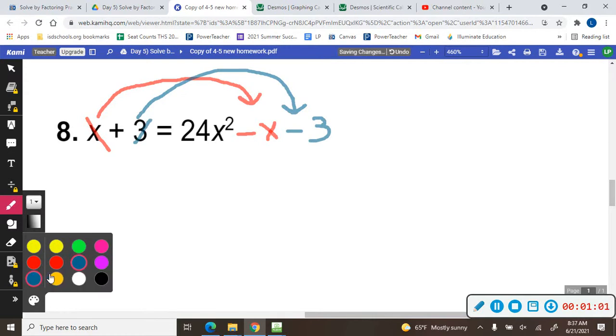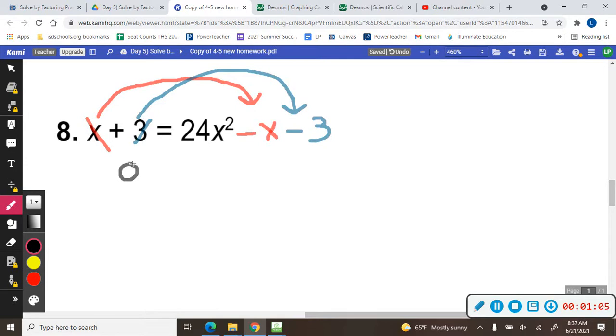So now we get 0 is equal to 24x squared minus x minus 3.